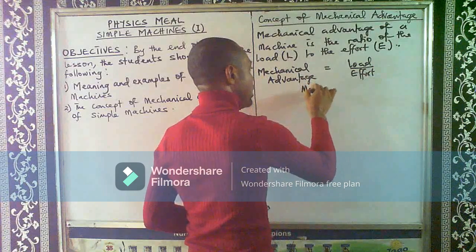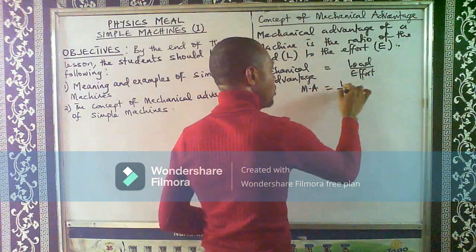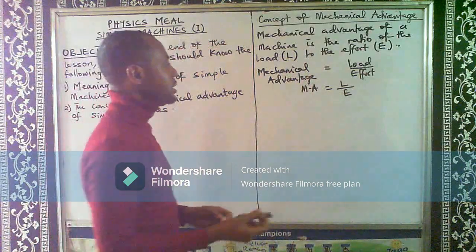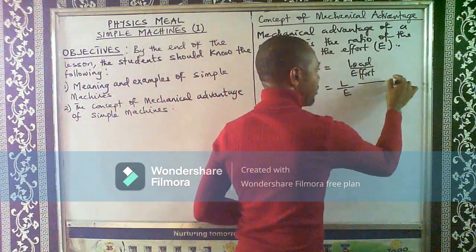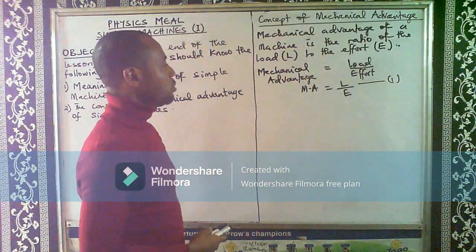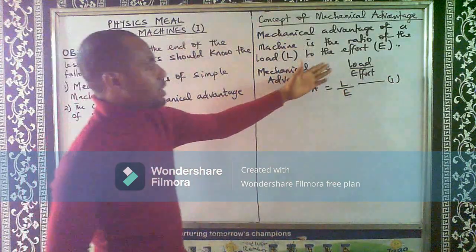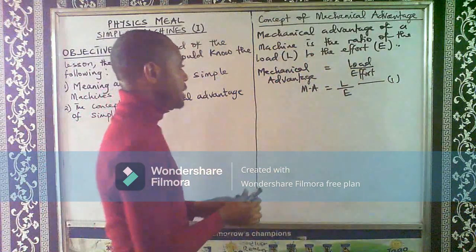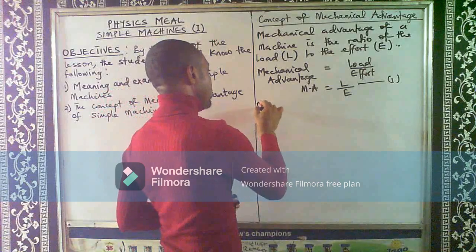So MA, the mechanical advantage, is L over E, where L is the load and E is the effort. We have an equation. I can refer to this as equation 1. So mechanical advantage is the ratio of the load to the what? Effort.